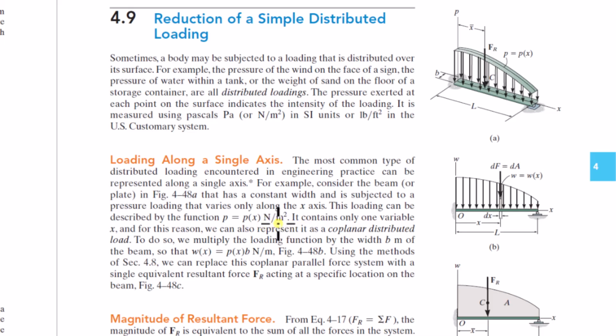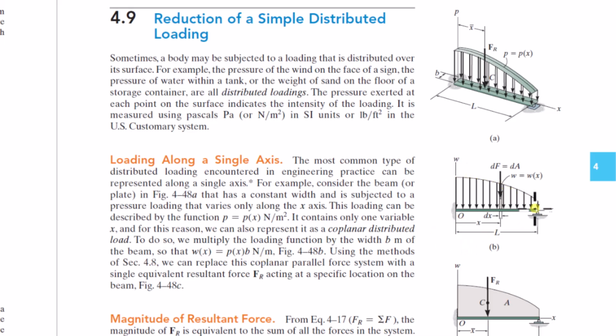Okay, so now it contains only one variable X, and for this reason we can also represent it as a coplanar distributed load. To do this, we multiply the loading function by the width B of the beam, so that this coplanar distributed load is equal to the pressure distribution times B, with units newtons per meter, figure 4.48B.